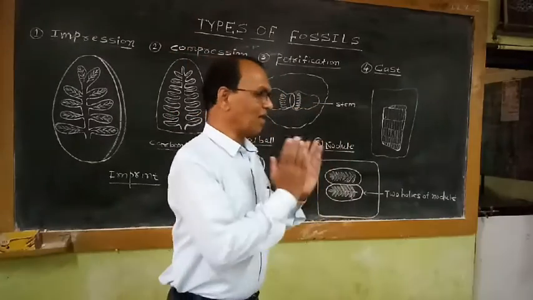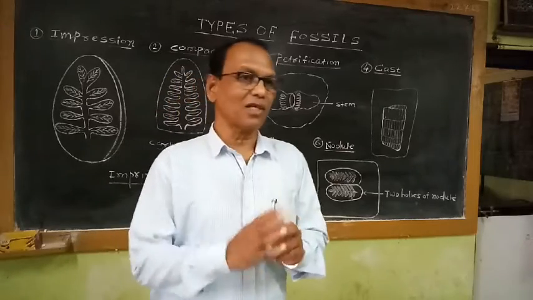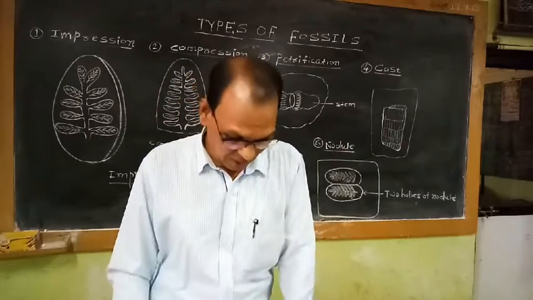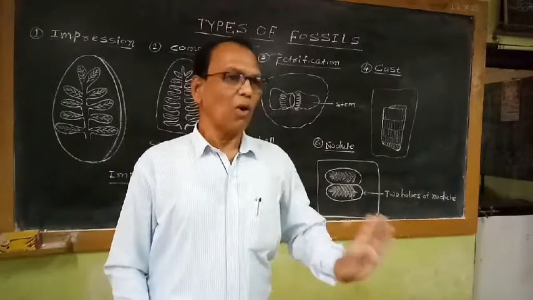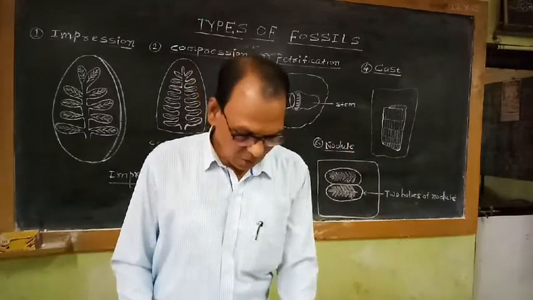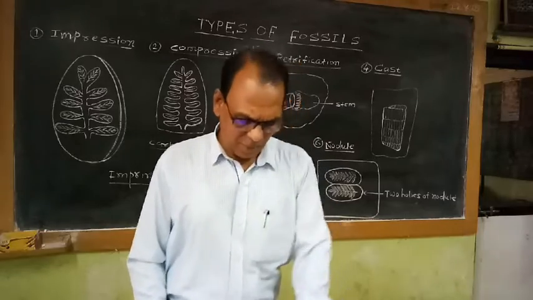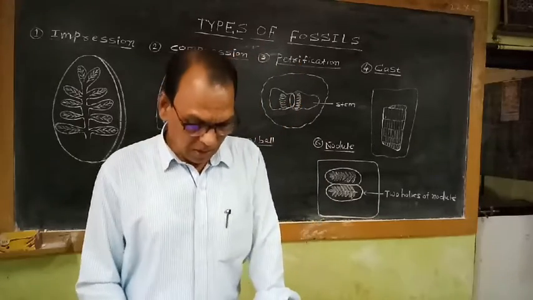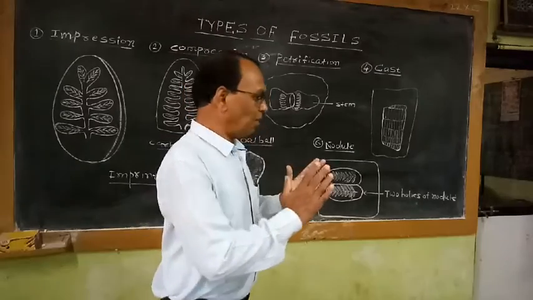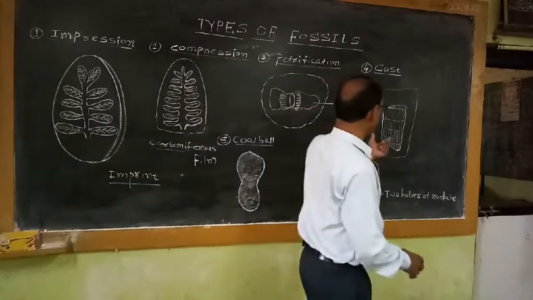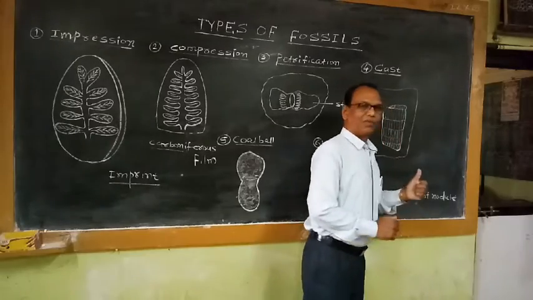That means only the external structure is retained, and the internal structure is totally destroyed. So no cellular details are retained or recorded in this type of fossil. Such cast type fossils are helpful for constructing the external appearance of the plant. That means what type of plant was there. For example, this is the cast of a stem piece.